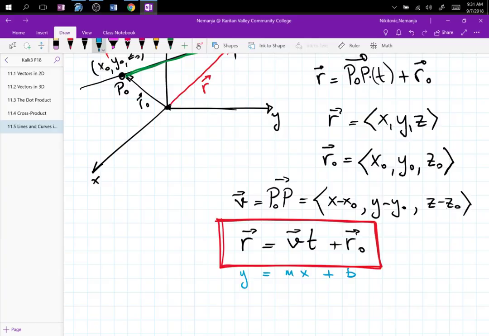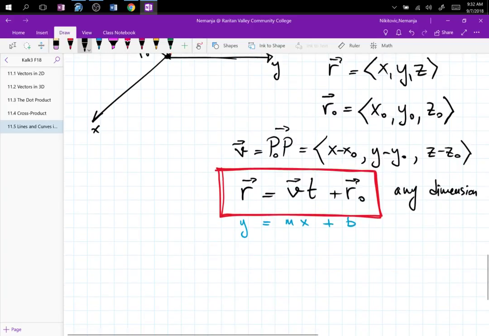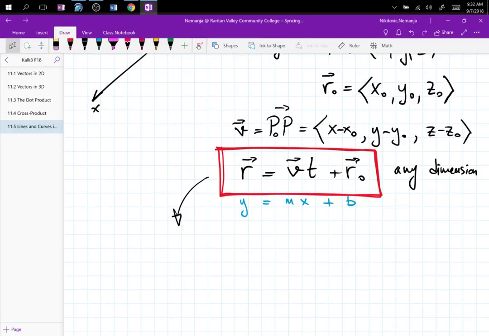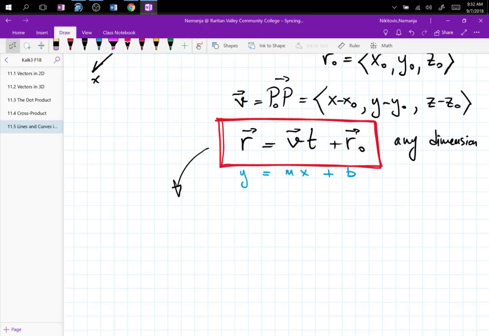If you just say, can I have this in 2D? Sure, plug your x and y in and you have it in your 2D world. So this is any dimension here. But in Calc3 we are dealing with third-dimensional space. Therefore, I am going to expand this using third-dimensional vectors. So I am going to write these.